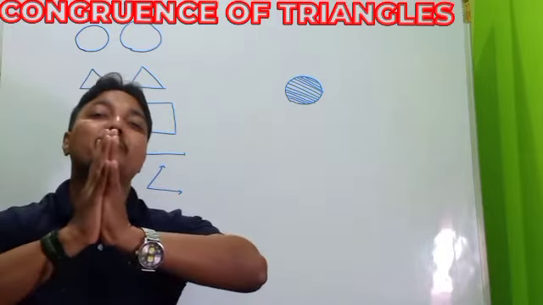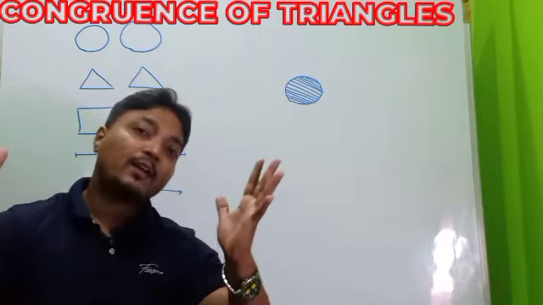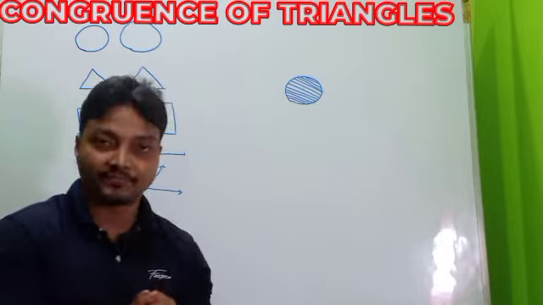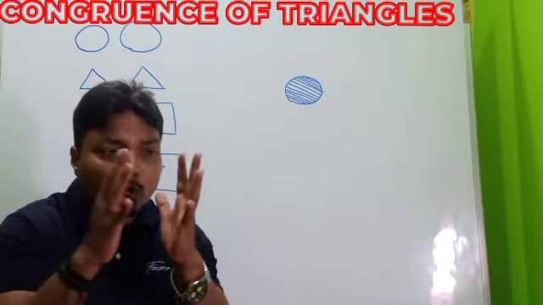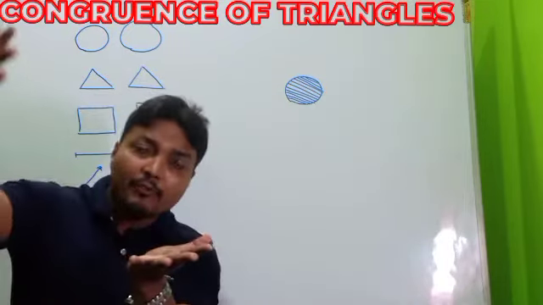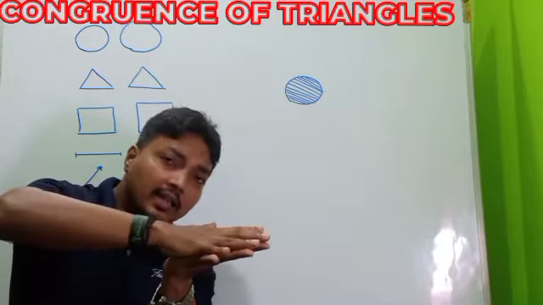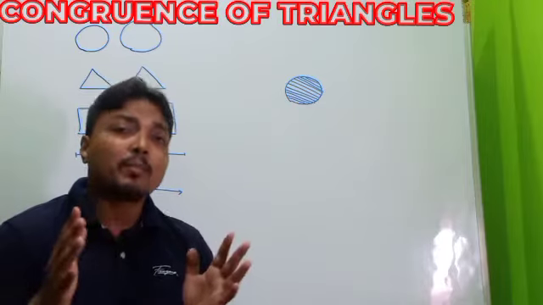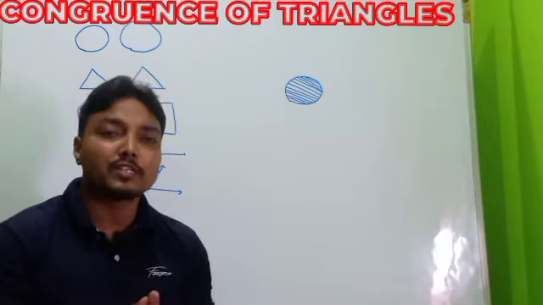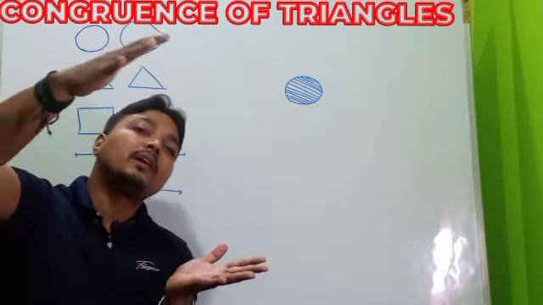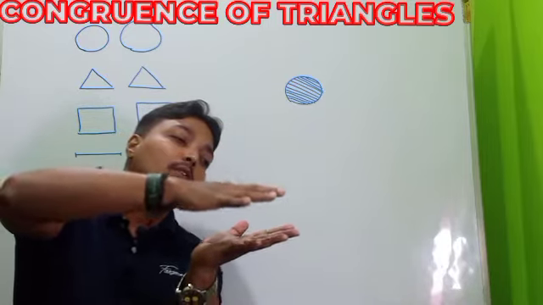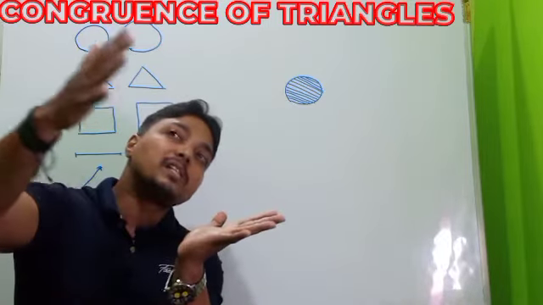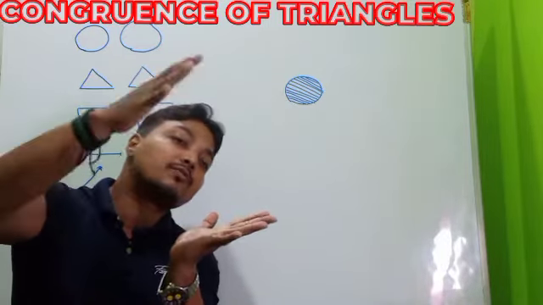And the name of the method by which we check whether both figures are congruent or not, by keeping one over the other, is called superposition. Whenever you keep one figure over another, it means you are superposing.